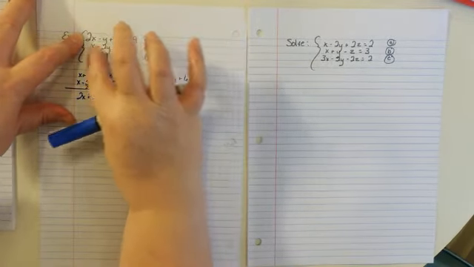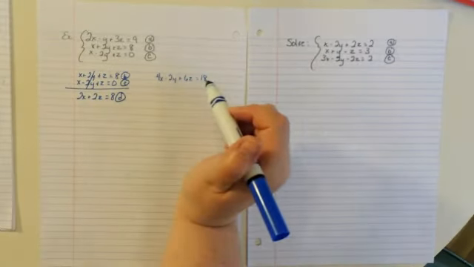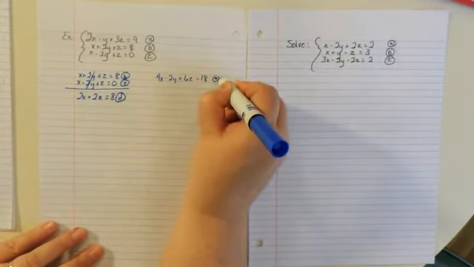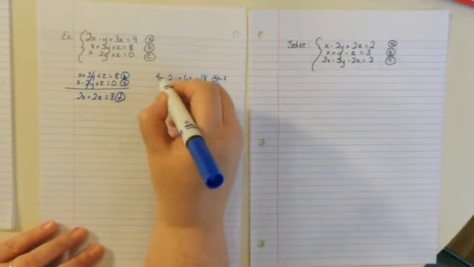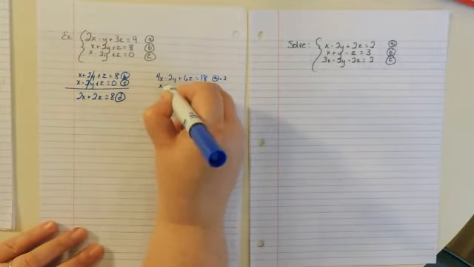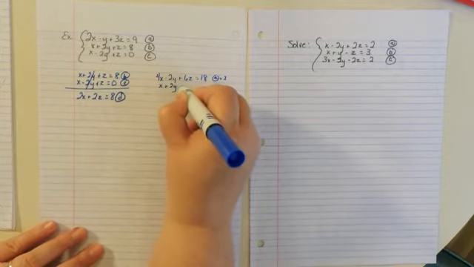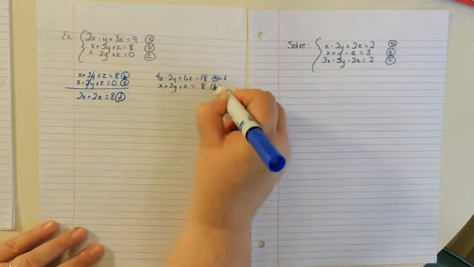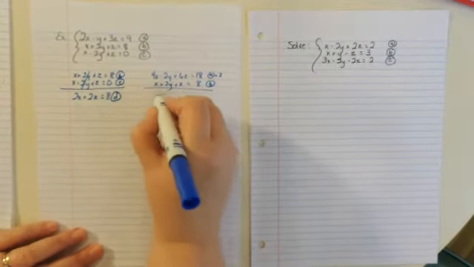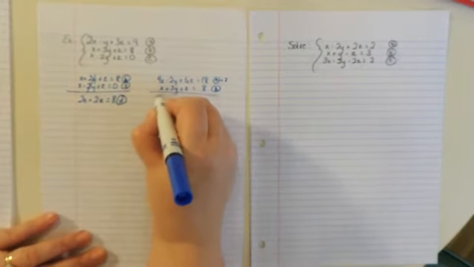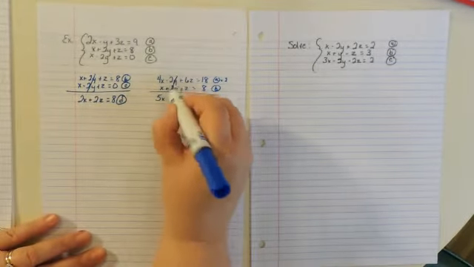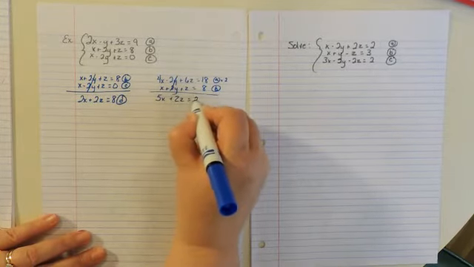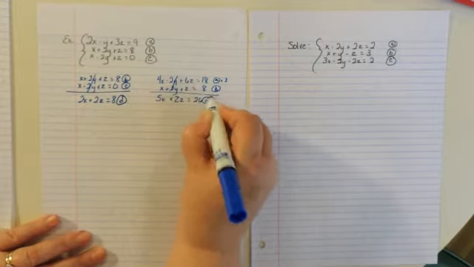So that's a, all the terms multiplied times 2. And then we have b, which is x plus 2y plus z equals 8. We're going to add these together, and we're going to get 5x, the y's are going to cancel, plus 7z equals 26. And we're going to call that E.